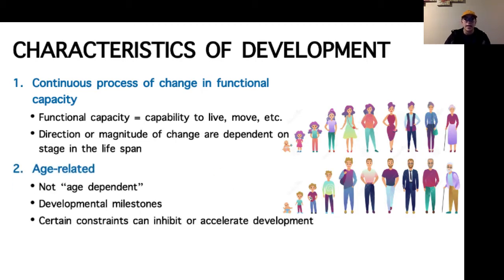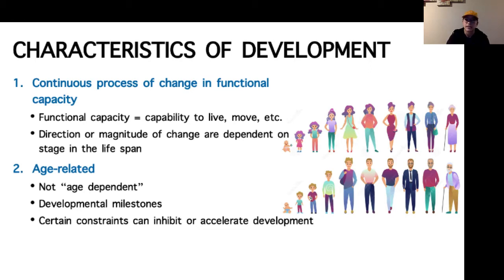Development is also age-related. Okay, so the big thing here is it's not age-dependent. The reason why we say this is that there are developmental milestones that could be expected at or around a particular age, but they're not distinctly defined by that age. So let's say that infants typically start walking around 11 to 12 months, right?